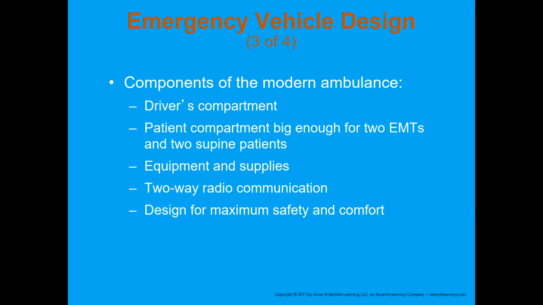Depending on your service, equipment and supplies vary. Some carry ALS equipment like IV bags, medications, intubation equipment. BLS services probably do not. They'll carry the basic life support stuff, your BVMs, your bandaging and splinting. So it just depends on what that service is.